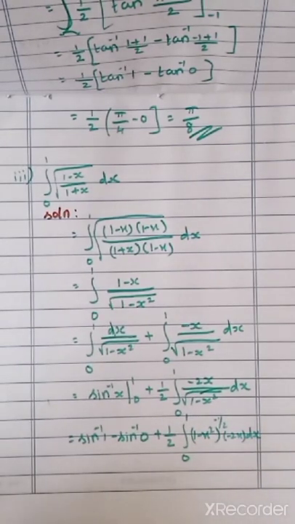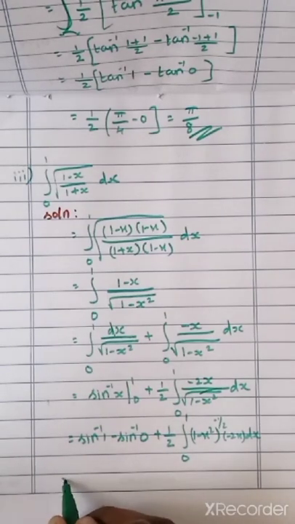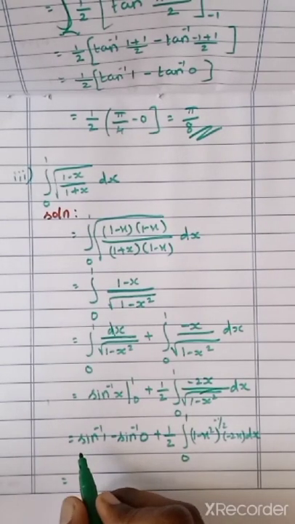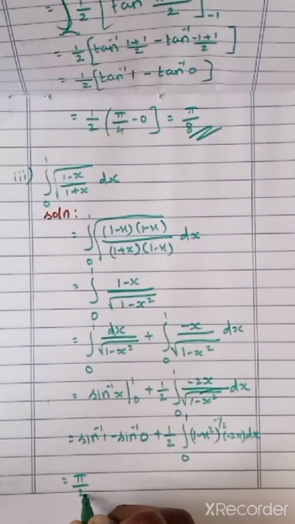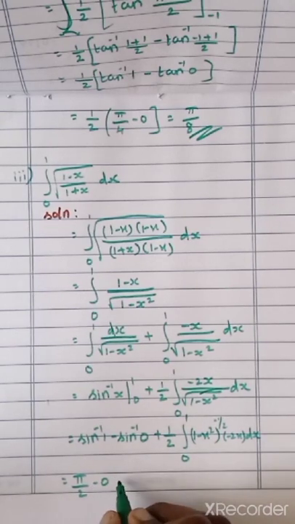We are using the chain rule here. Now this equals sine inverse 1; when is the sine value 1? Pi by 2. Next, sine 0 is 0 only, so minus 0. Okay, plus 1 by 2.